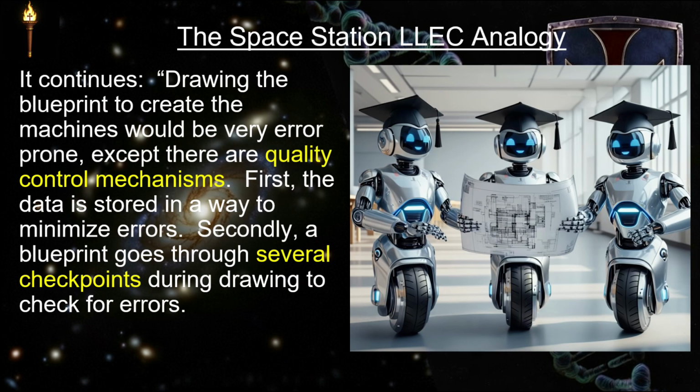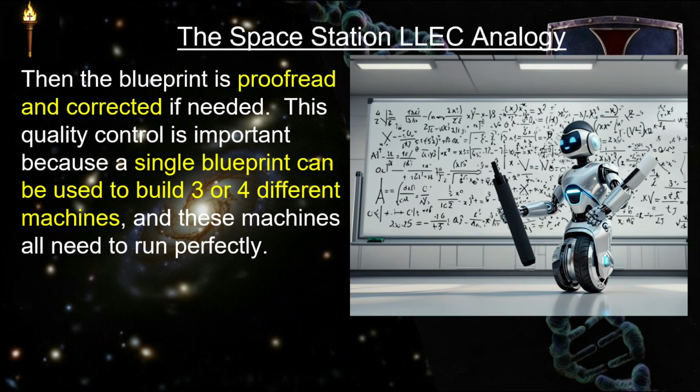It continues, drawing the blueprint to create the machines would be very error-prone, except there are quality control mechanisms. First, the data is stored in a way to minimize errors. Secondly, a blueprint goes through several checkpoints during memory to check for errors. Then the blueprint is proofread and corrected if needed.